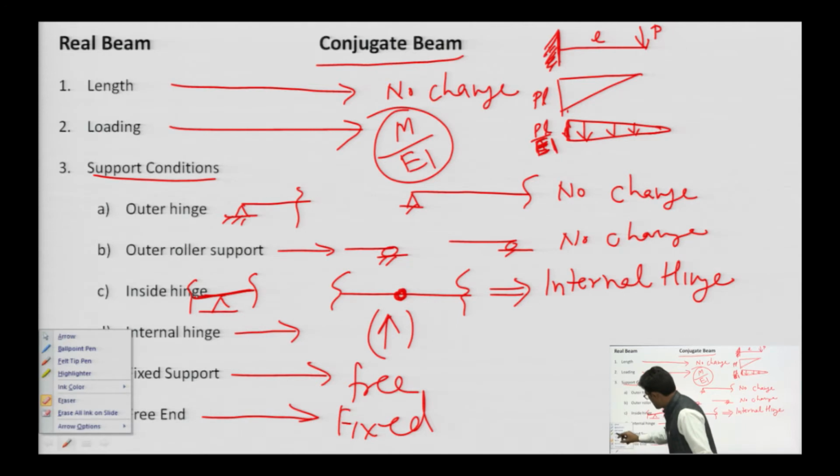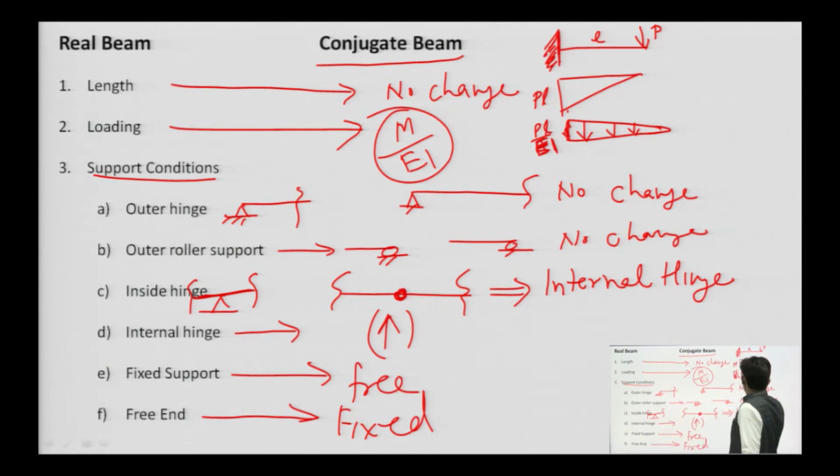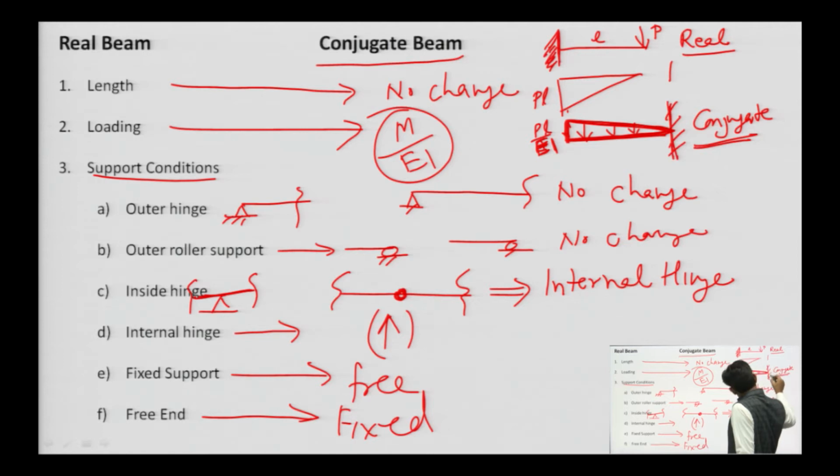So, this will be the loading, and this free end will be changed to fixed, and this fixed end will be replaced by free end. This is the real beam, and this is the conjugate beam. Why are the supports changed? We will talk about it in the next class.